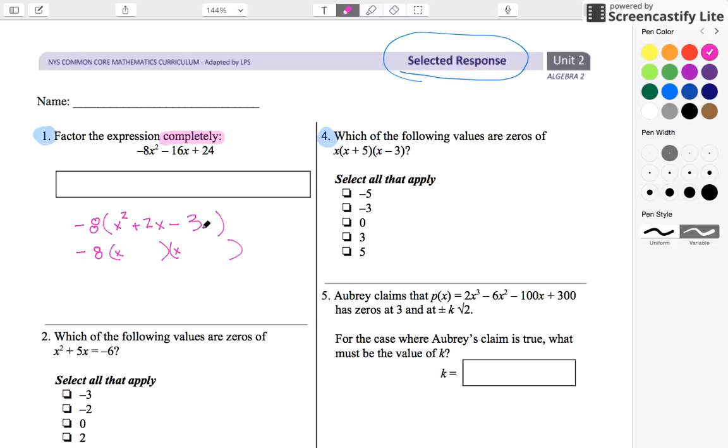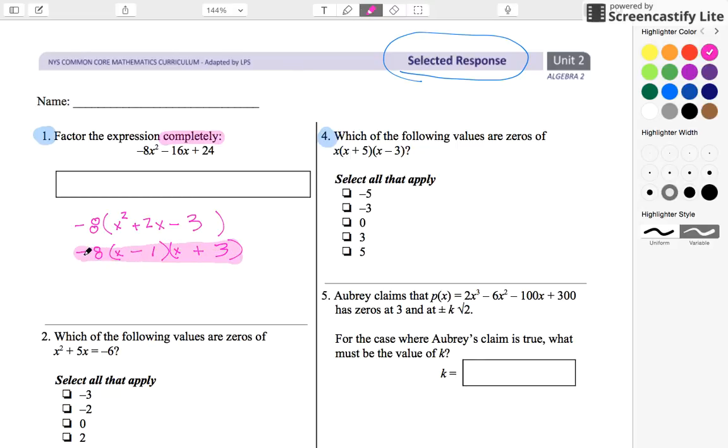What two numbers multiply to give you -3 but add to give you 2? Well, my only factors for 3 are 3 and 1. And since 2 has to be positive, it's going to be +3 and then -1. And right here is your answer.